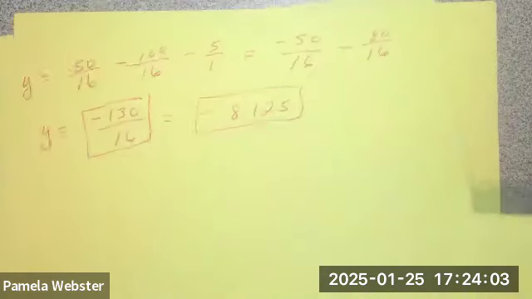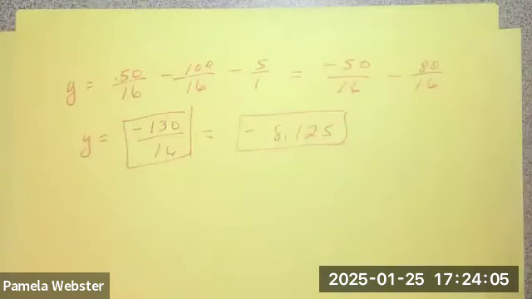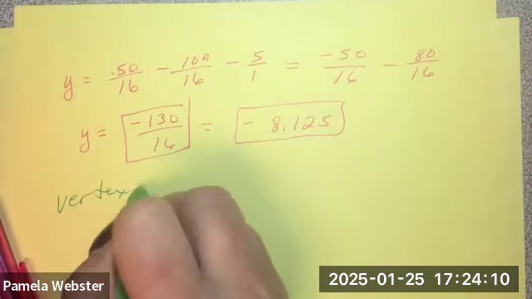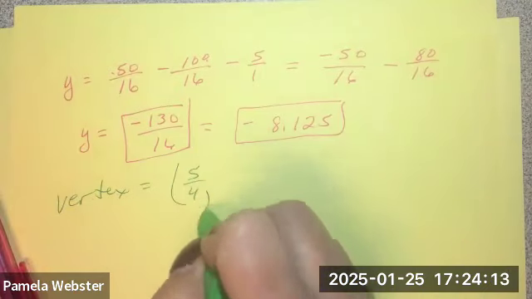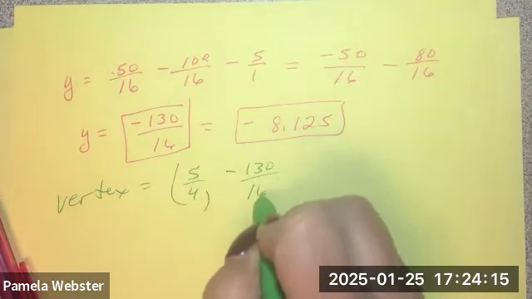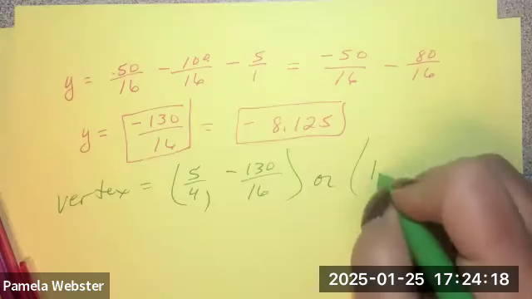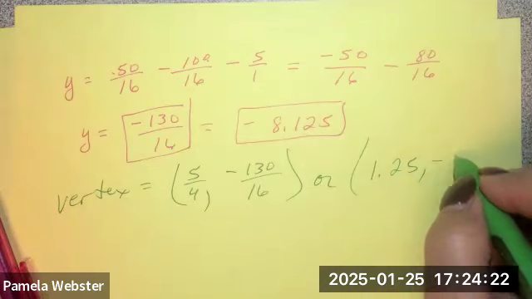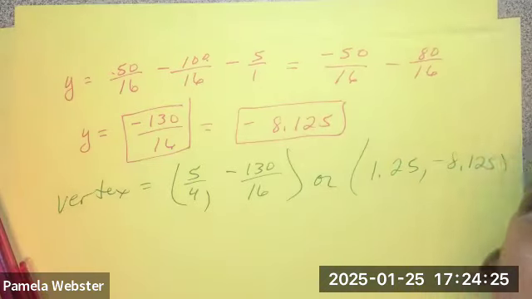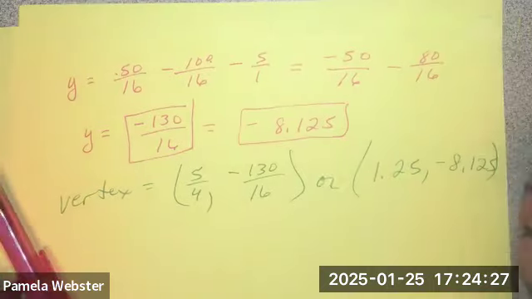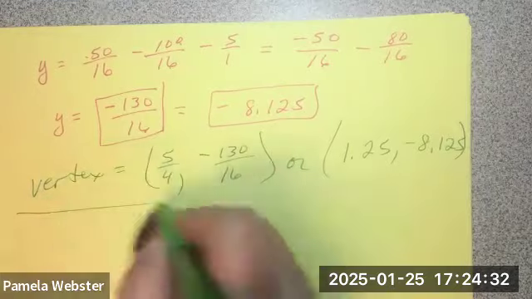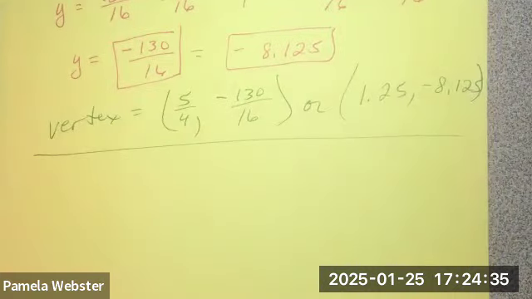If you were looking for this point as the vertex, my vertex is 5/4, -130 over 16, or 1.25, -8.125. Oops, there you go. All right, so that's what you would be doing here. Either one of those is perfectly acceptable. There you go. There's your vertex.